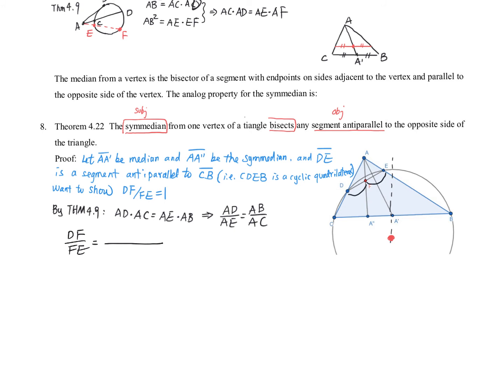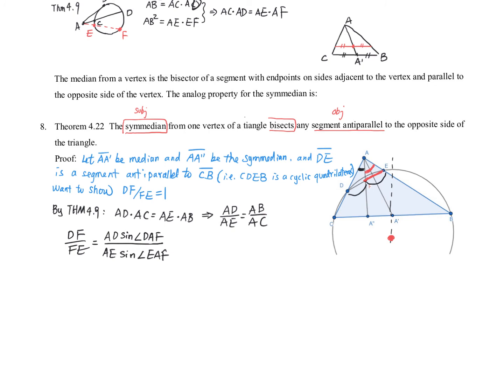So according to problem number 4, it is AD times the sine of the corresponding angle, this angle, which is actually DAF, not ADF. So it's DAF, over AE times the sine of EAF. This segment corresponds to EAF.